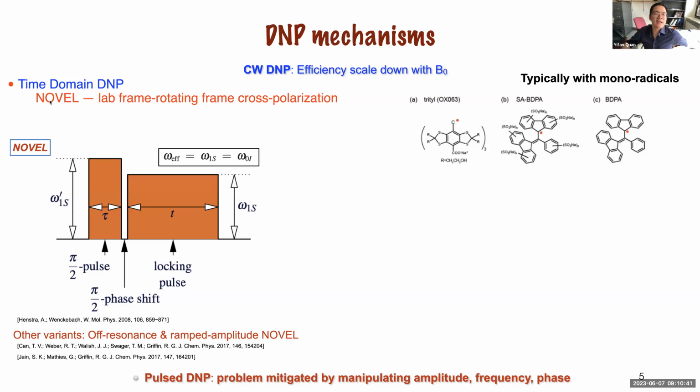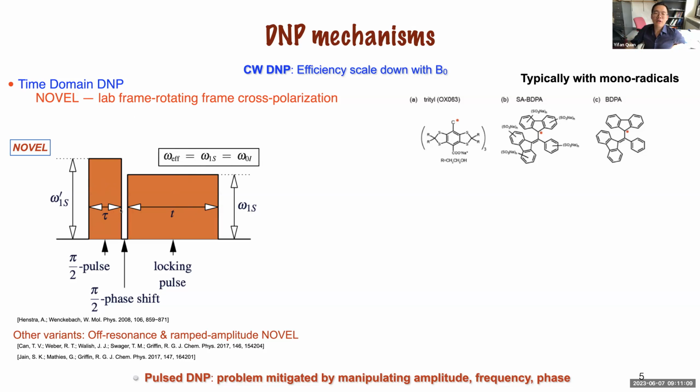The first one is the so-called NOVEL, short for nuclear orientation via electron spin locking. What you do is you first apply a pi-half pulse, and then you lock it with a locking pulse. When the effective field, or the Rabi field, of the locking pulse matches the nuclear Larmor frequency, you can have the polarization transfer.